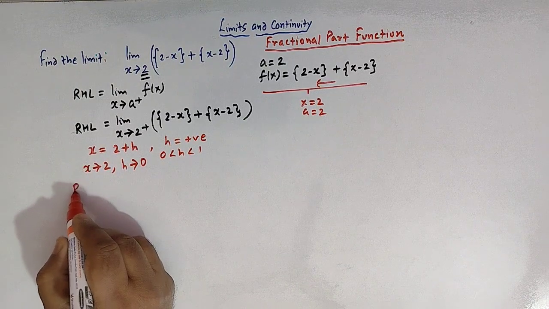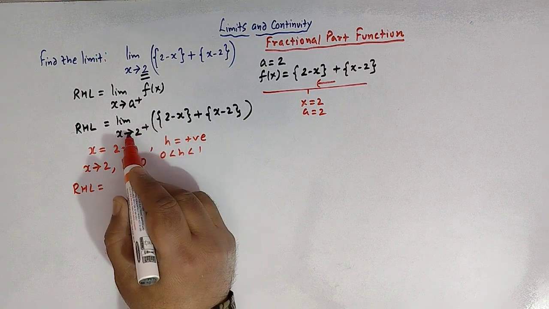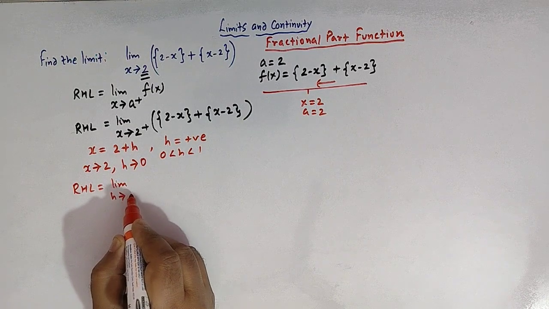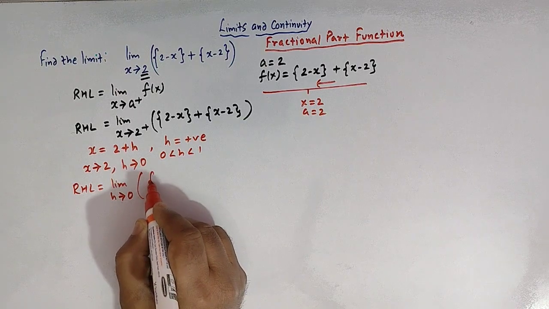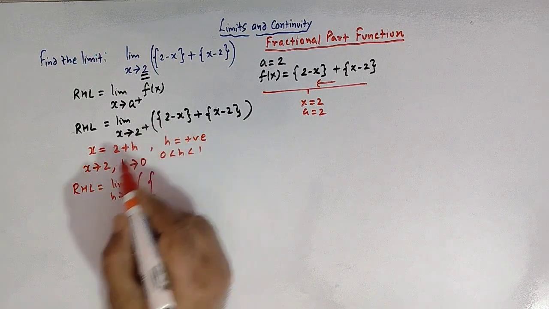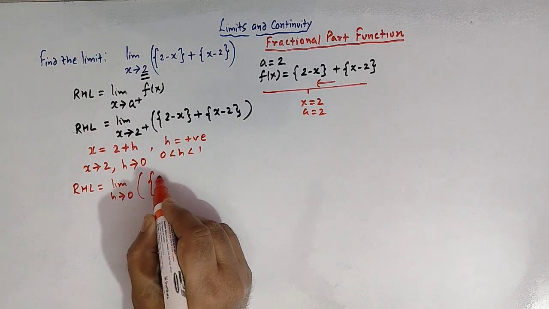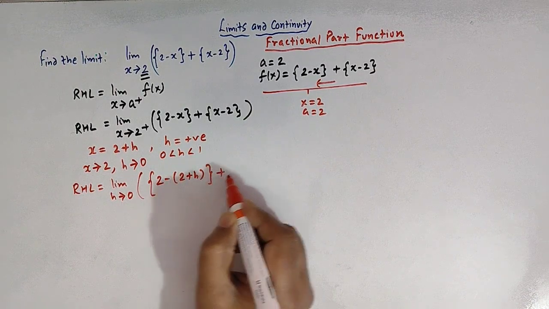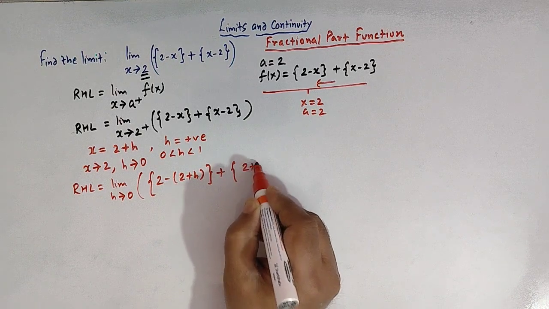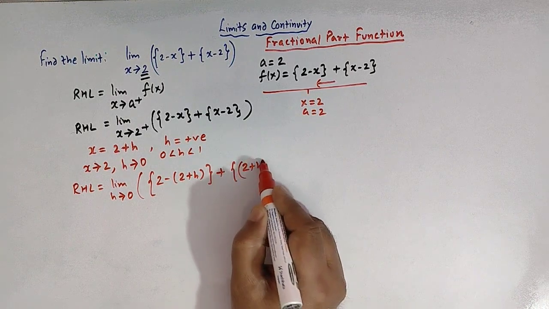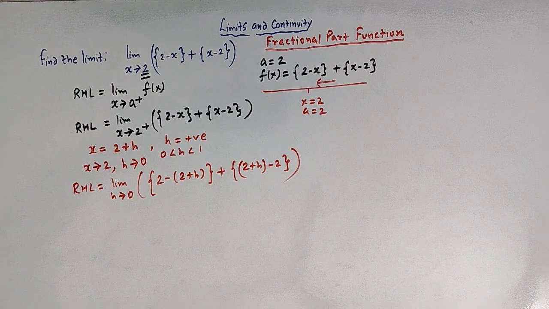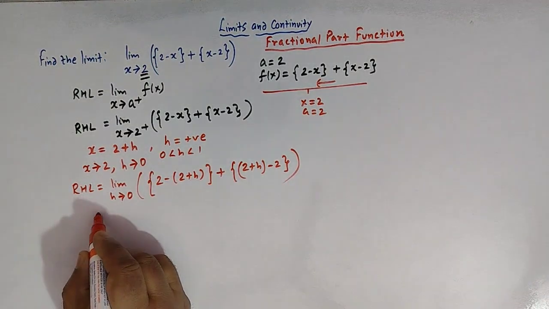So now the right hand limit can be written in terms of h as the limit h tends to 0, and here we have fractional part of 2 minus x, so we'll take x is equal to 2 plus h. So here we have 2 minus (2 plus h), and here we have (2 plus h) minus 2, right? So now we can simplify this expression.